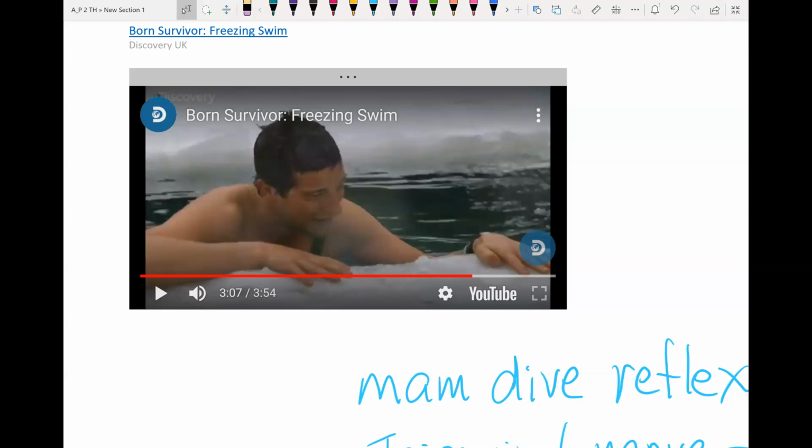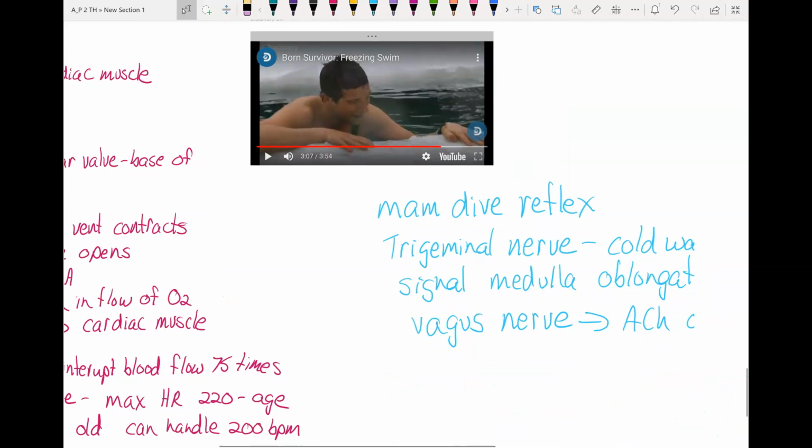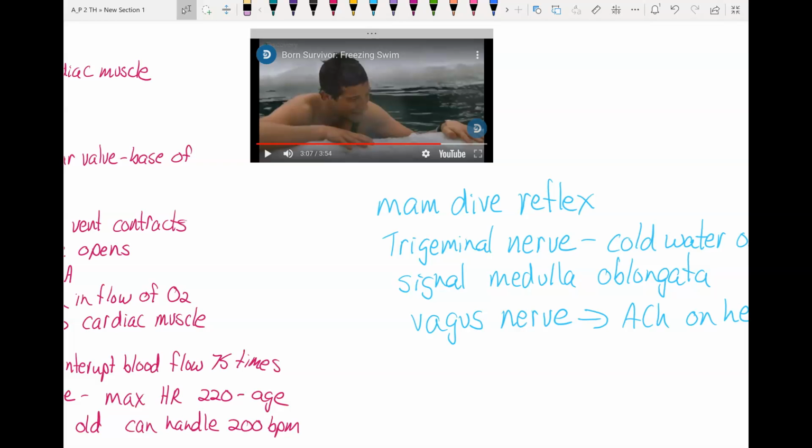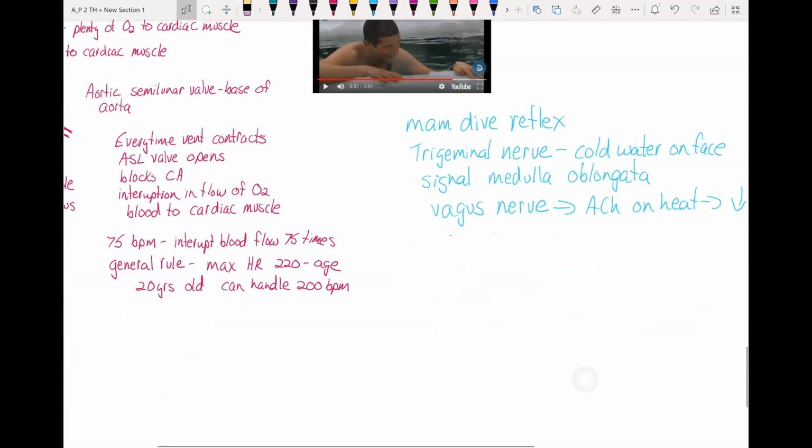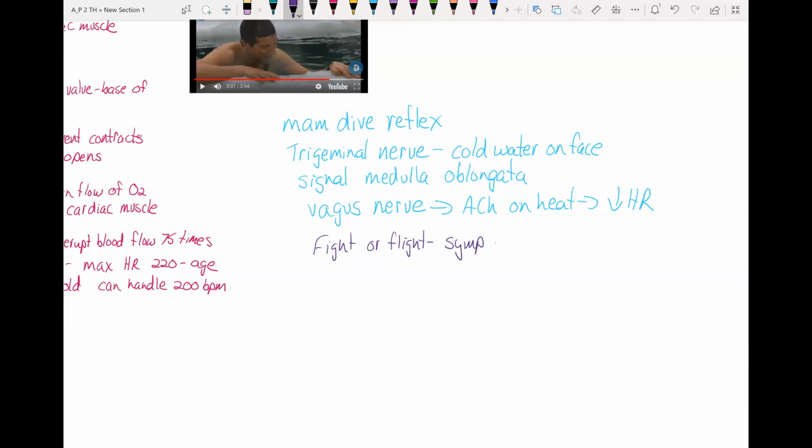So let's talk for a minute about what he just said. He said, fight that sense of panic. So as soon as you jump into cold water, that gives you a fight or flight. He is having a sympathetic response here. His blood is full of norepinephrine. He is dumping massive amounts of norepinephrine onto his heart, and his heart rate is increasing. And he just said the danger of that is cardiac arrest.